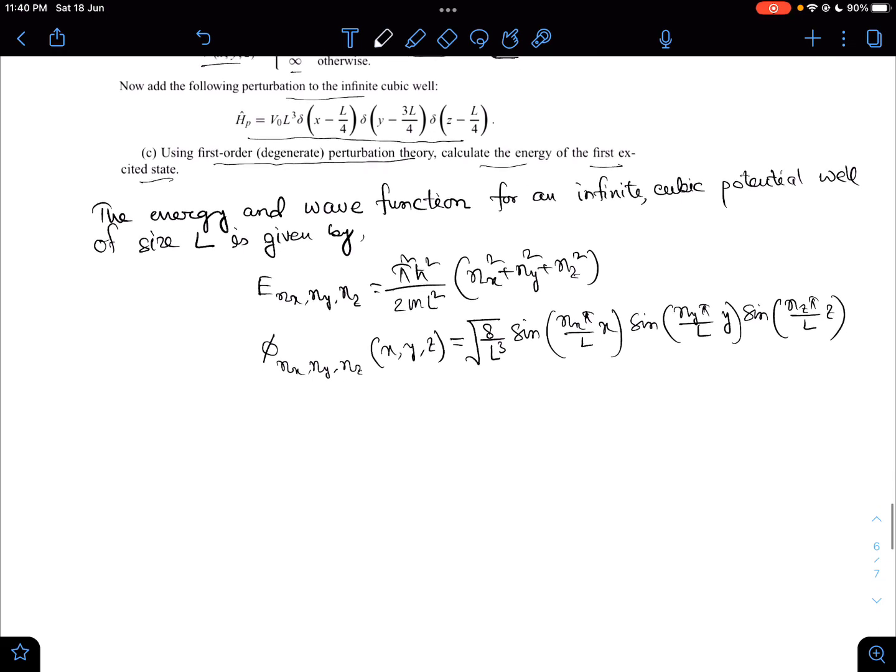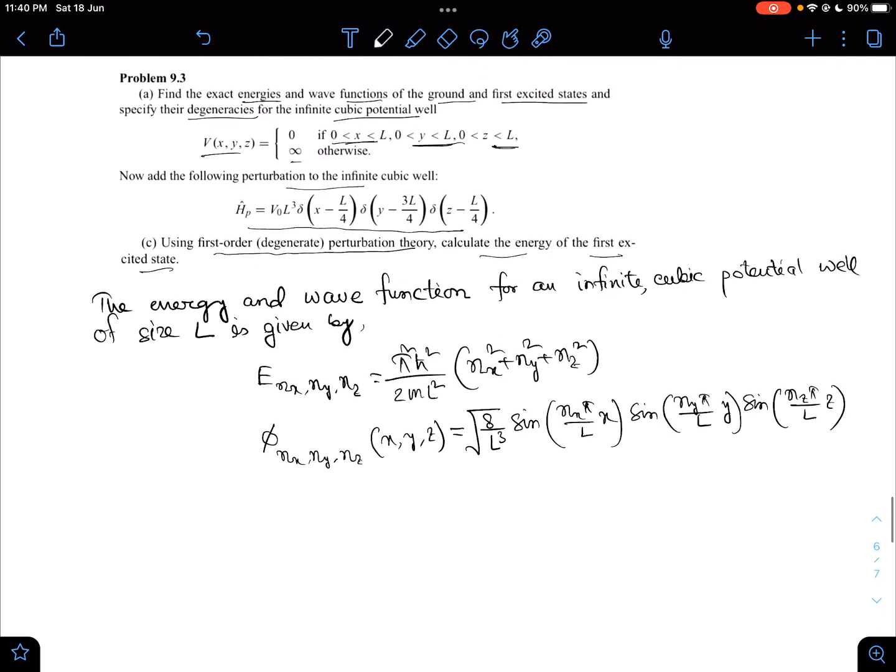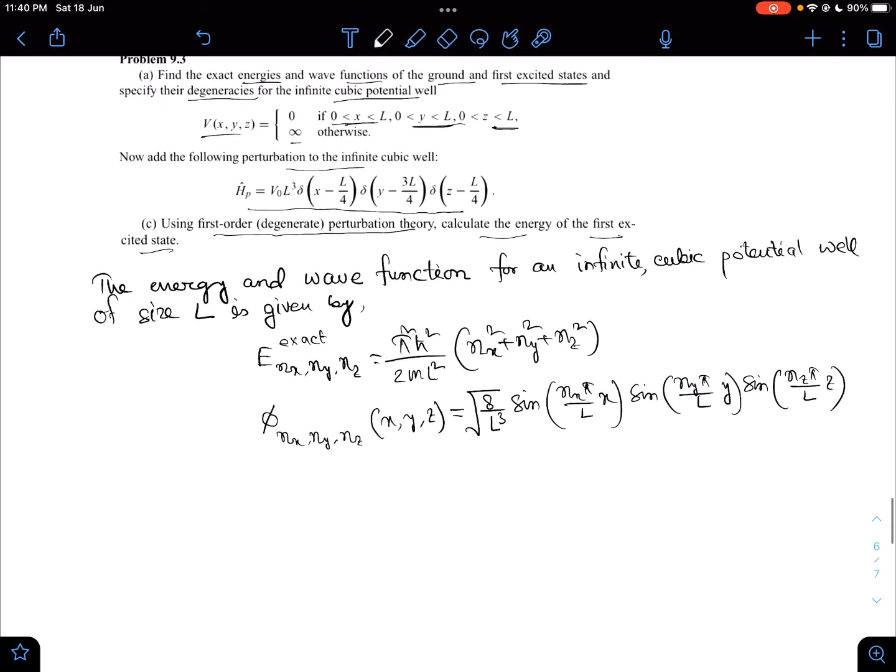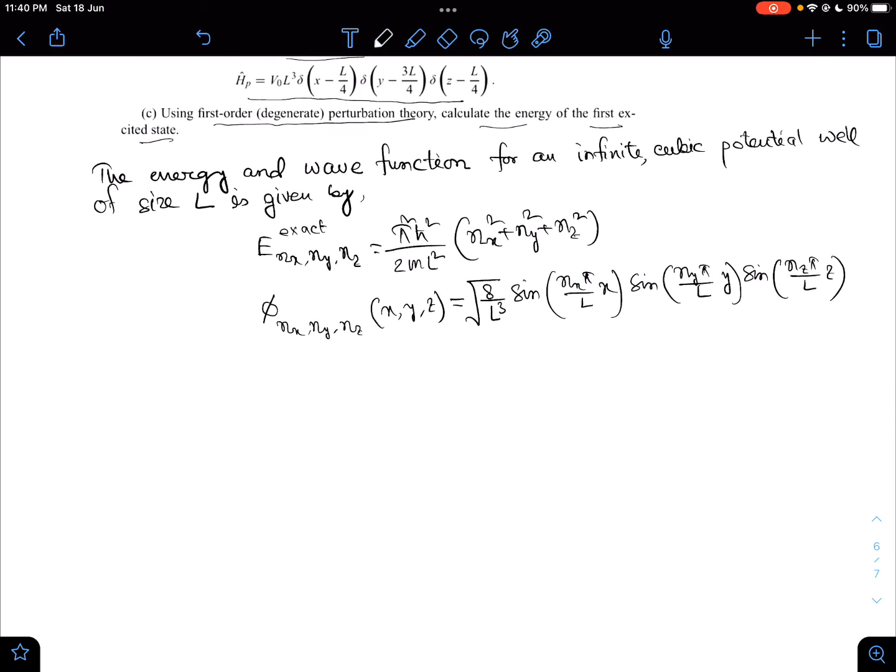This is a standard result, we all know this. So we have to find the exact energies and wave function of the ground state and first excited state. Let us proceed. We know that the ground state is not degenerate.